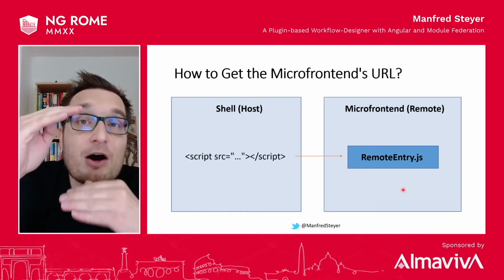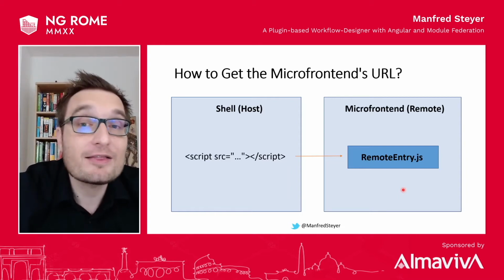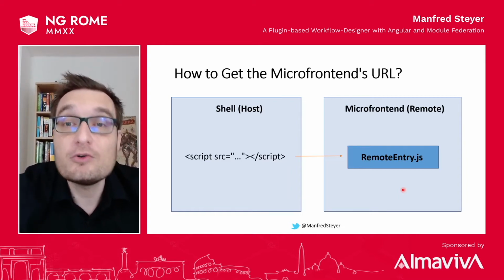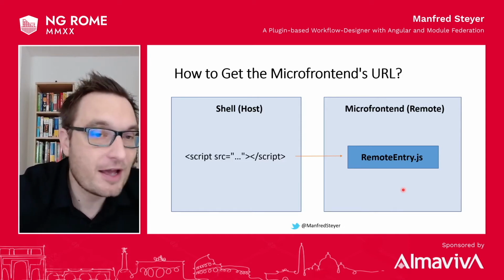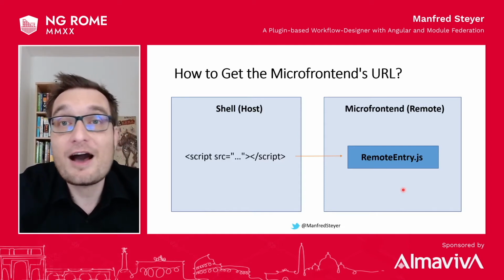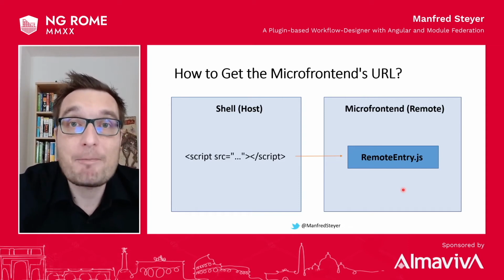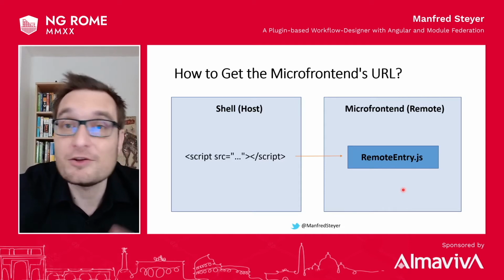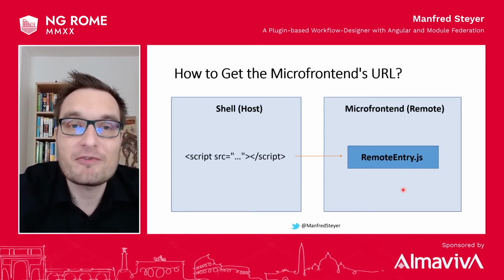This tiny amount of bytes tells the shell and the Webpack runtime API how to load this very remote. You can load it statically with a script tag, you can load it with a dynamic script tag, and there are even more dynamic ways like leveraging the Webpack runtime API. You find it in your global namespace when your application was built with Webpack.